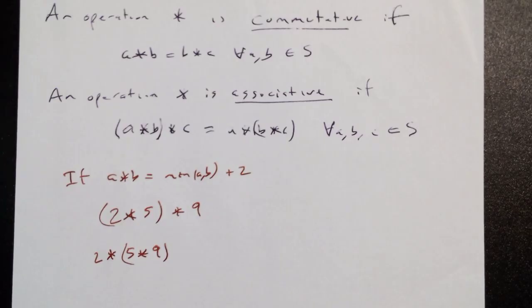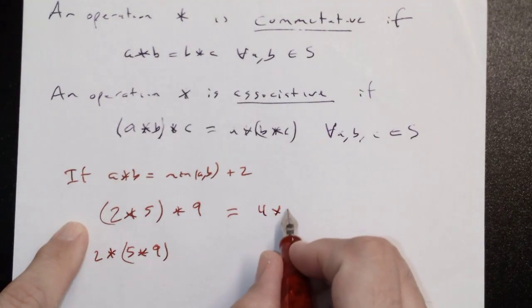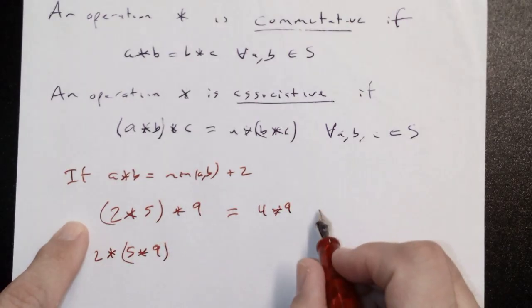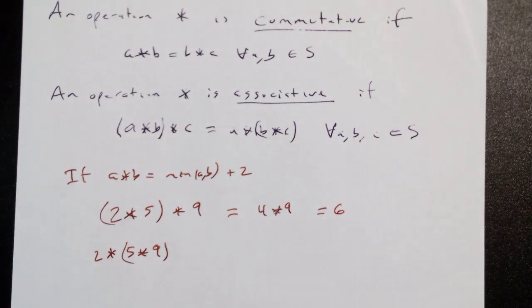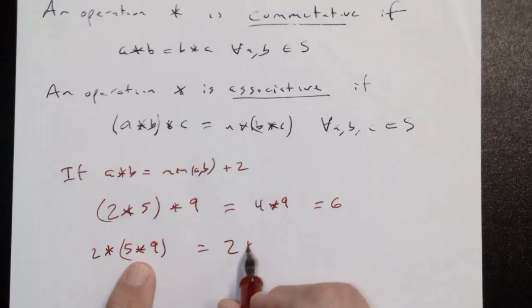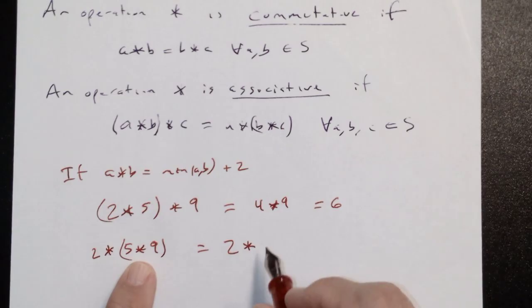If the operation is take the smaller one and add 2, then this becomes 4 star 9. 4 star 9, take the smaller, add 2, we get 6. If this is done first, what's 5 star 9? 7.